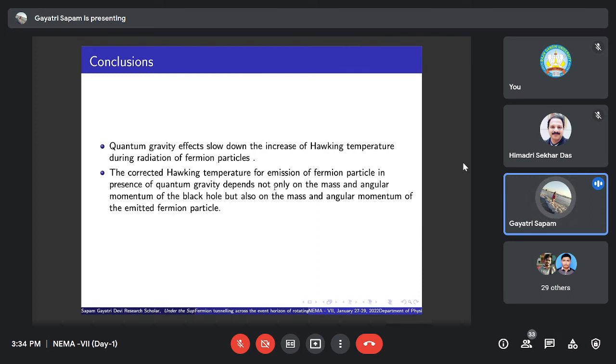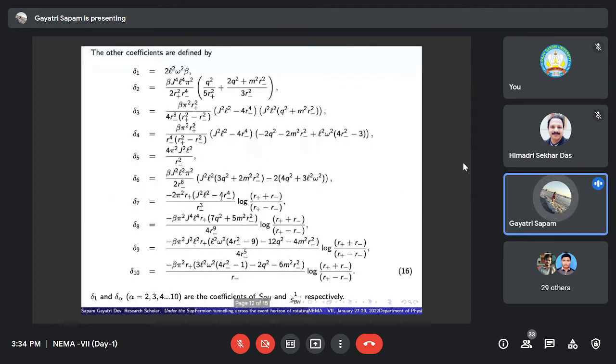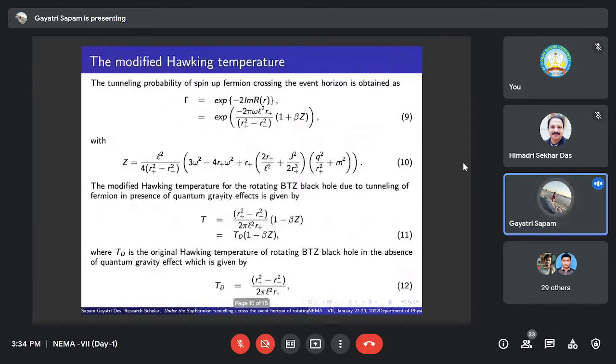So on account of fermion particles, the Hawking temperature depends not only on the mass and the angular momentum of the black hole, but also on the mass and angular momentum of the emitted fermion particle. As you can see in this equation for T, in the Z correction factor, there is omega, m, and a small q, which are the energy, the mass, and the angular momentum of the emitted fermion particles. And that's all for my presentation.